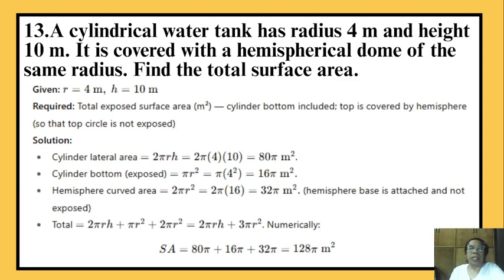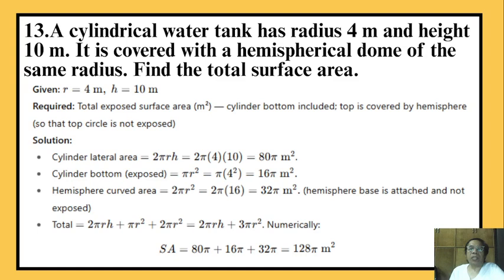So the cylinder lateral area is 2 pi r h. Substituting the radius and the height, the cylinder lateral area is 80 pi meters squared. The circular bottom exposed is pi r squared, which is the area of the circle.